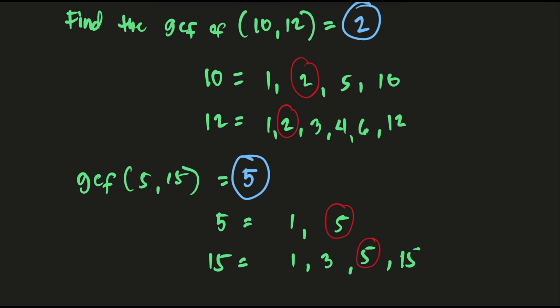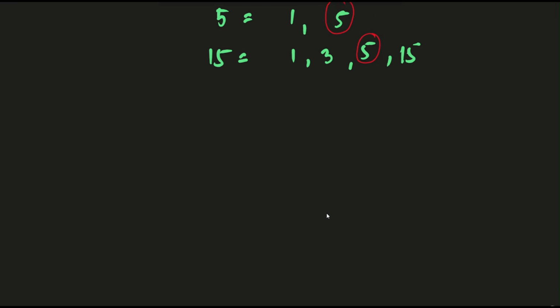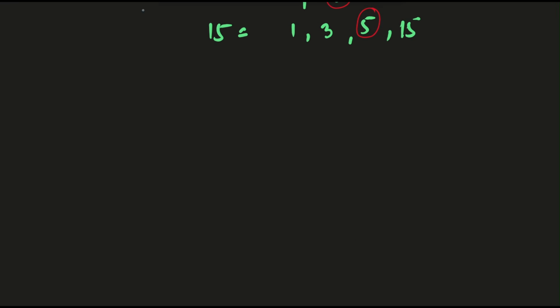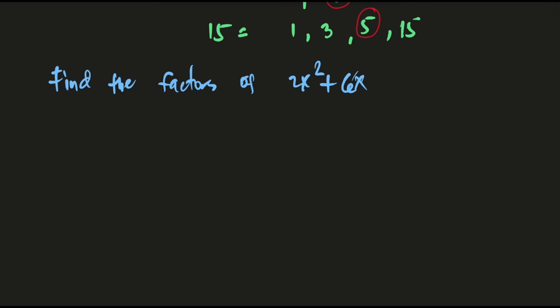Okay? Now, let's apply this one into polynomials. Example, find the factors of 2x squared plus 6x. Okay, so we are going to look at each term. We have 2x squared. What are the factors of 2?